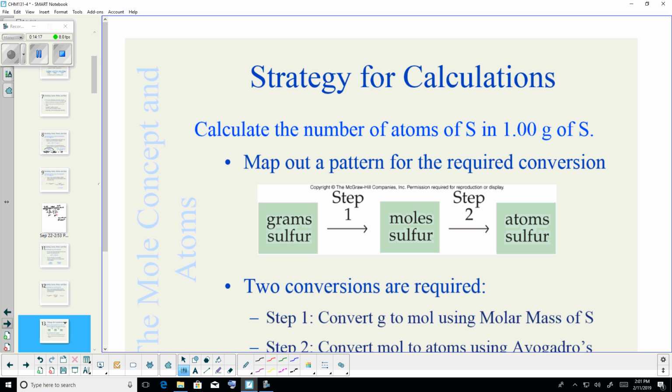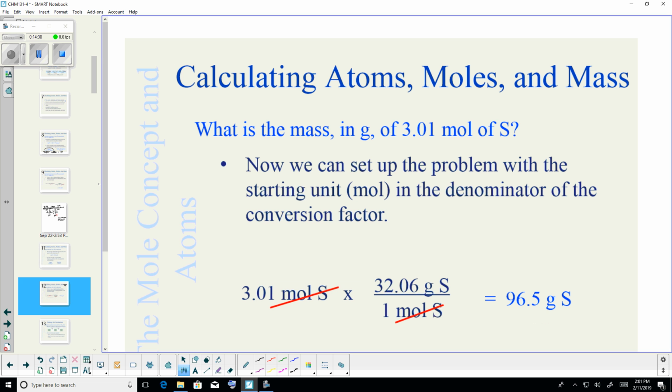We did the first conversion, right? We went from moles of sulfur to grams of sulfur. Let's go back. I don't want to lose anybody here. We went from moles to grams. We multiplied by the molar mass.